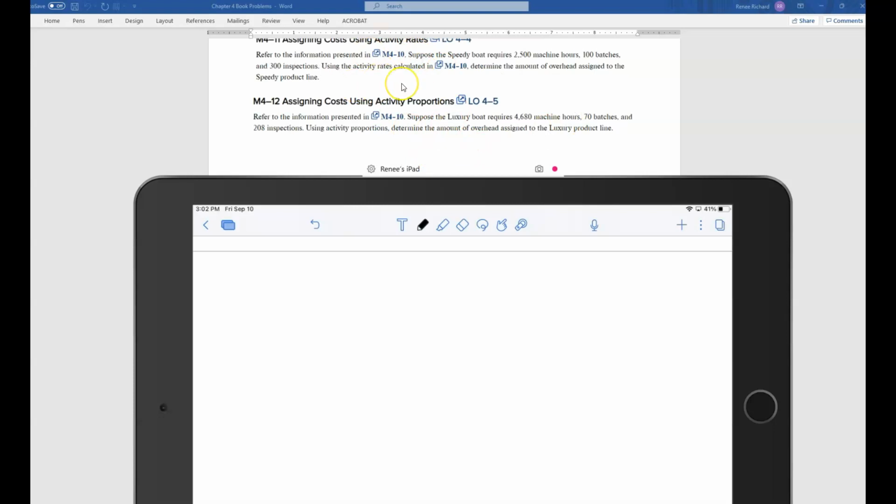So refer to that information we just did and do the same thing for luxury. But this is set up a little bit differently. It says, suppose the luxury boat requires 4,680 machine hours, 70 batches, and 208 inspections. Using activity proportions, determine the amount of overhead assigned to the luxury product line. Okay, M4-12.